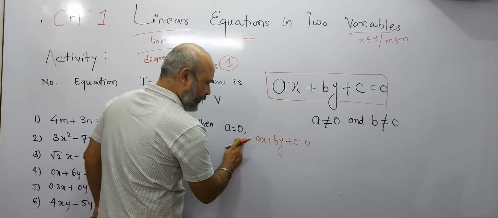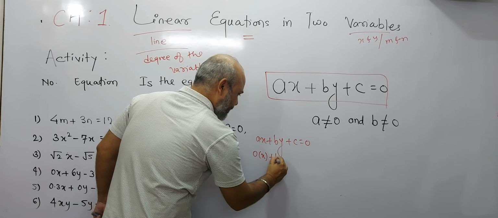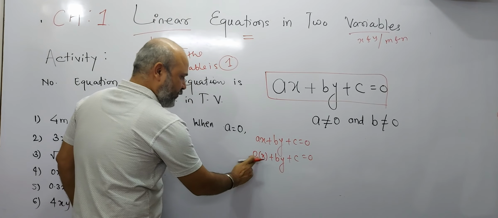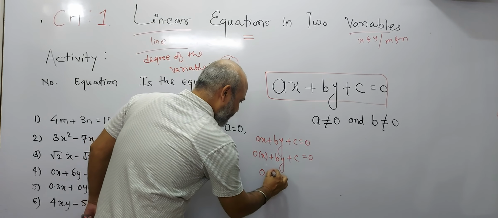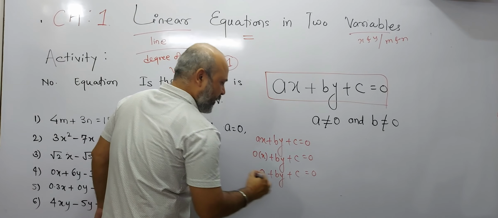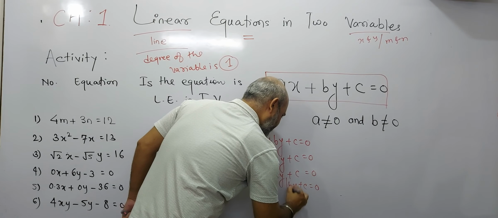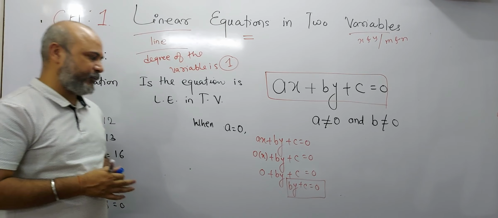When a is 0, just put a as 0, so 0 multiplied by x plus by plus c is equal to 0. Now 0 multiplied by x becomes 0. So you will get 0 plus by plus c equal to 0, and finally you will get by plus c equal to 0.